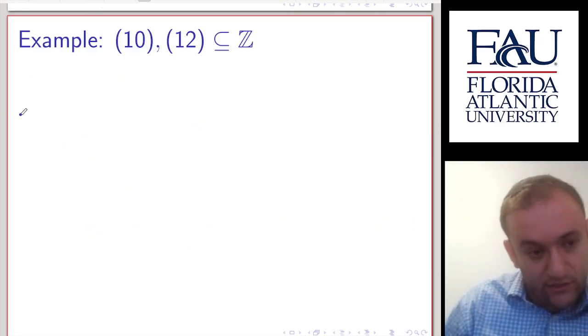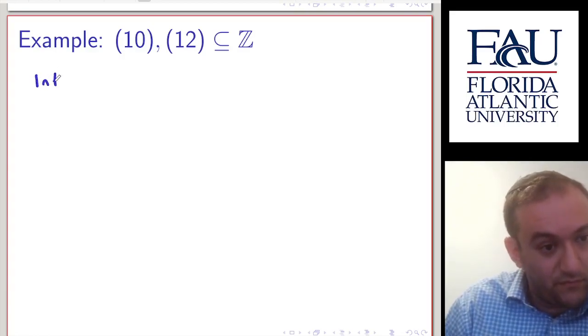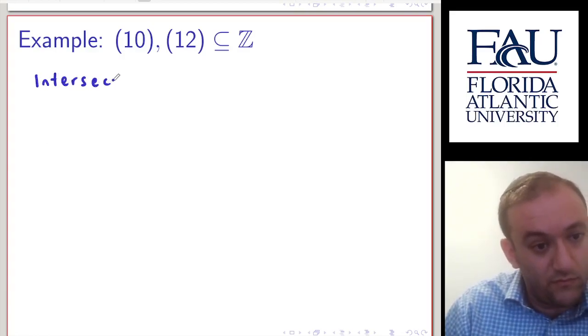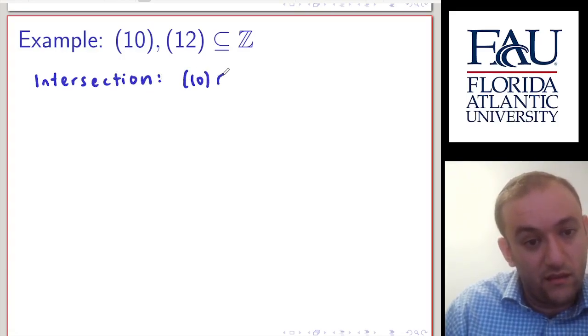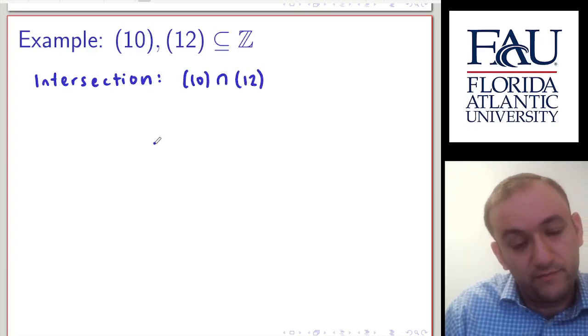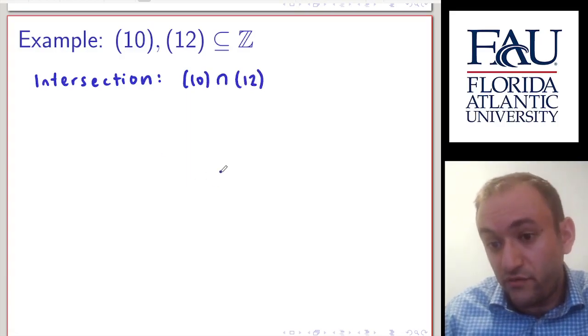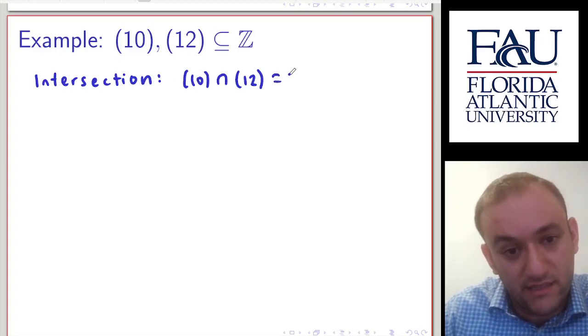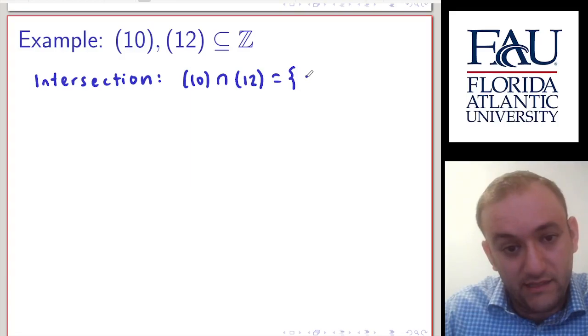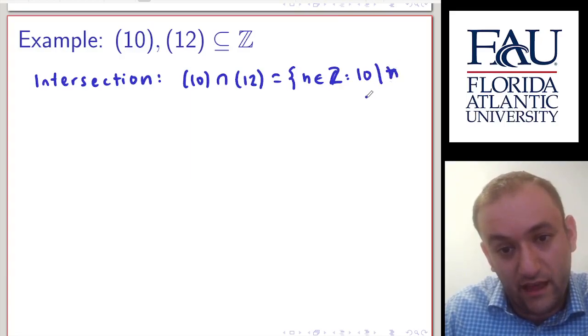Now let's consider the intersection. So (10) intersect (12). Well, we're looking for the set of elements which is in both (10) and (12). So this is the set of n, n in Z, such that 10 divides n and 12 divides n.